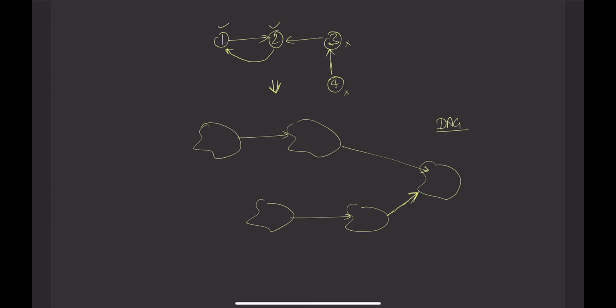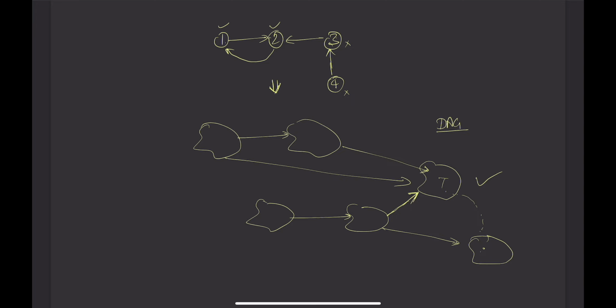So maybe if we have this, what will be the answer for this graph? It will be 0, because this node cannot be reached from this node, right? So only if there is one sink node, then an answer is possible.